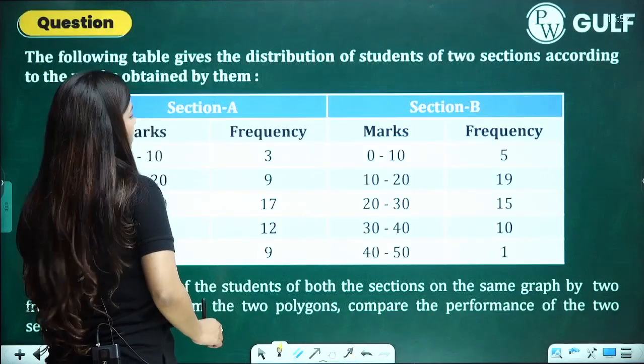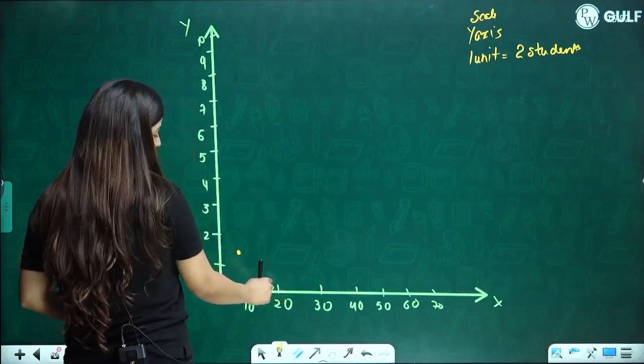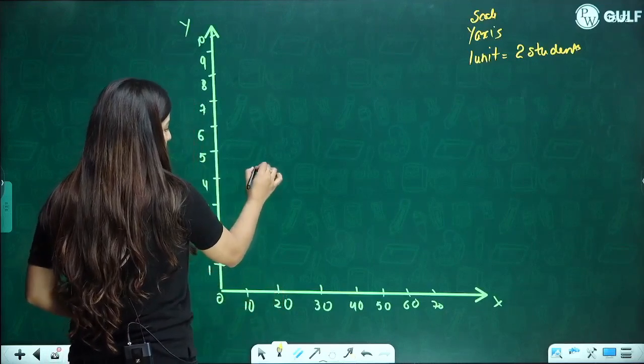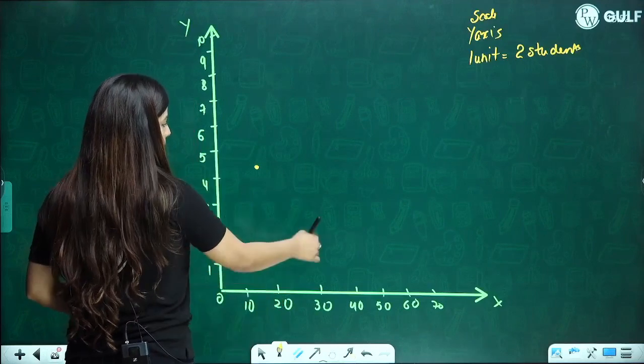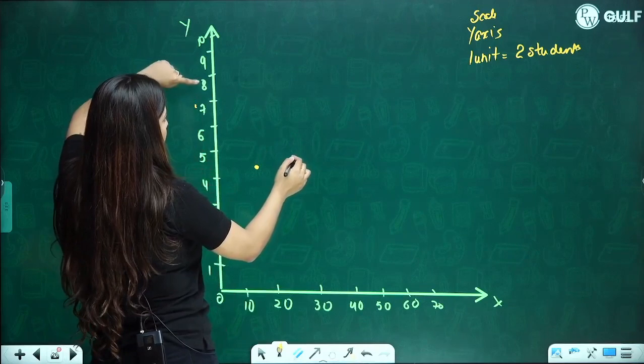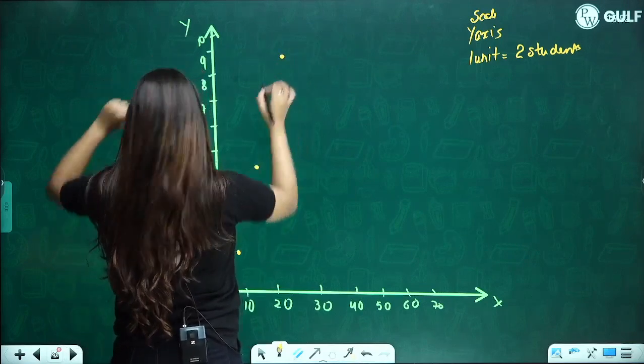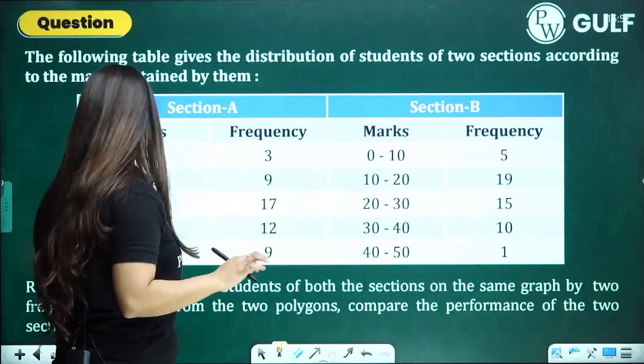The other ones that we have are 9, 17. From 10 to 20, it's 9. That means 4 is 8 and somewhere over here is 9. Then what we have is 17. That means 7 twos are 14, 16, and in between this you will get 17. After that we have 12 and 9.